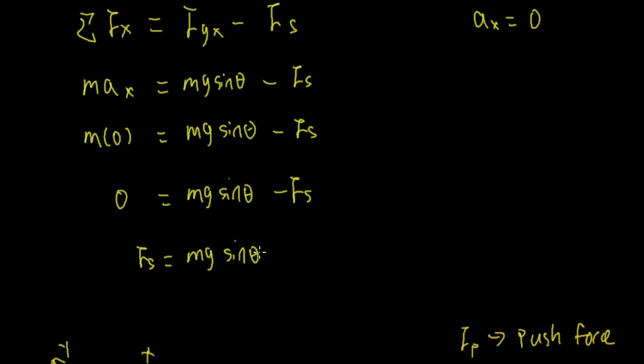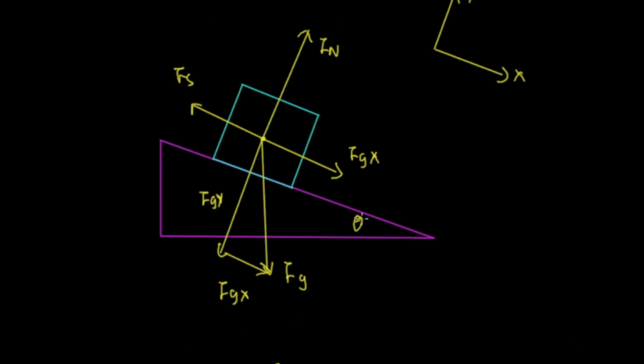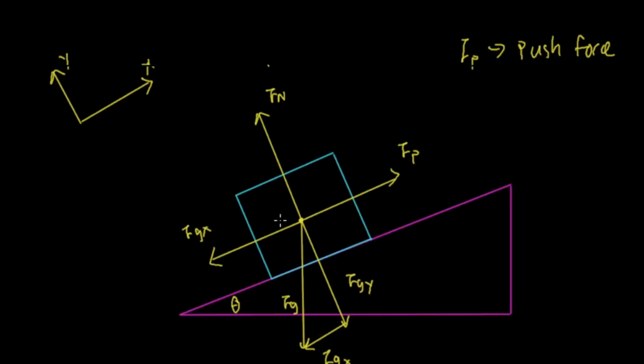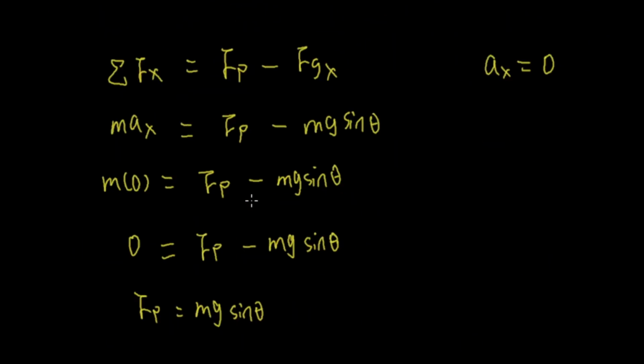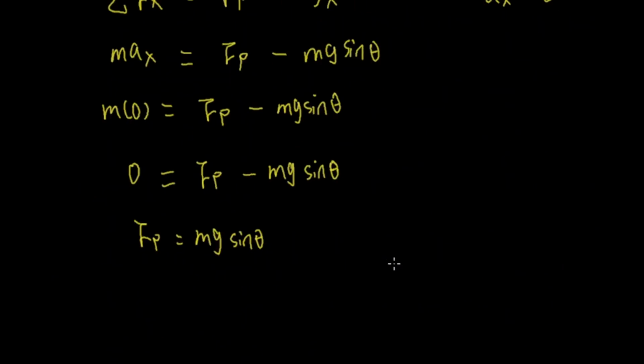Now, without the friction force, right, the block will slide down the ramp here. So this is the force that's keeping the block at rest. It's the force that's preventing the block from sliding down the ramp, right? So it has the same magnitude here because there's no acceleration in the x direction.